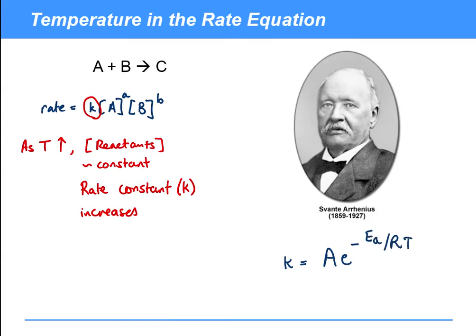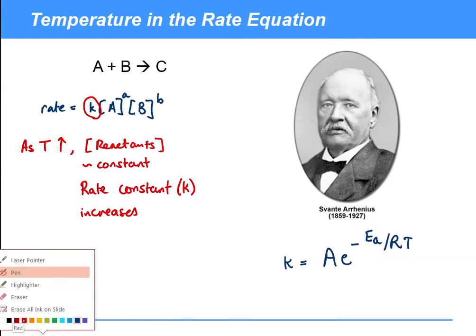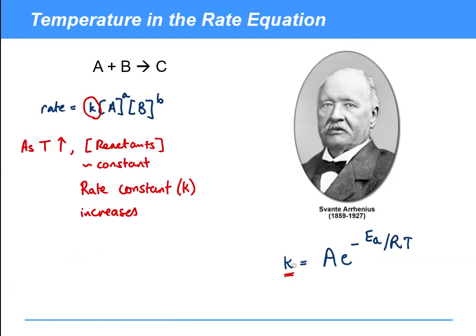So let's think about what these parameters actually mean. So k is the rate constant we discussed before. Now the factor A is known as a pre-exponential factor because this is an exponential. So this is the pre-exponential.